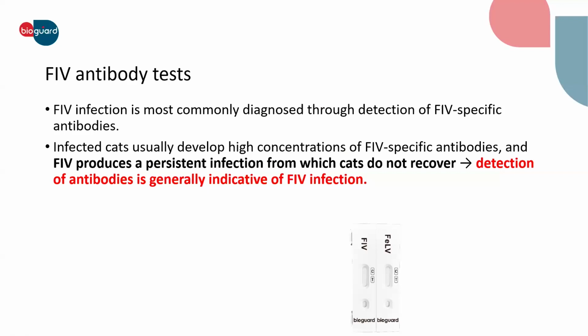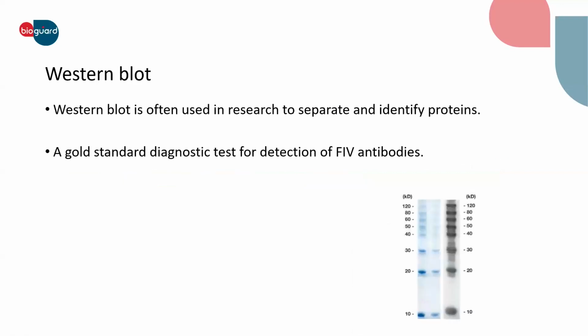So detection of the antibody is generally indicative of FIV infection. And the Western blot is actually a gold standard diagnostic test. But of course, this cannot be used in the clinic. It needs to be performed in a reference lab.